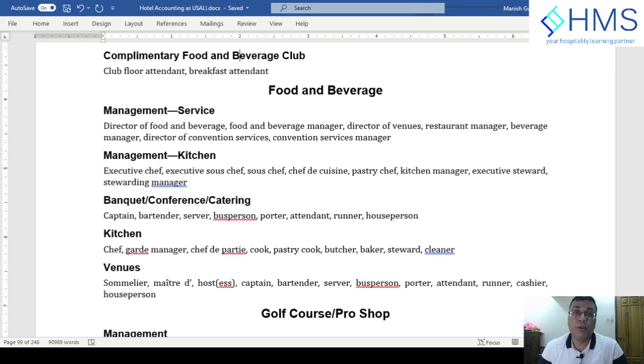So you have one consolidated P&L, where you follow this description: management is service and kitchen, and for non-management, banquet, kitchen, and venues. But for the individual outlet P&L, management is again service and kitchen, and the non-management would be service, kitchen, and stewarding.